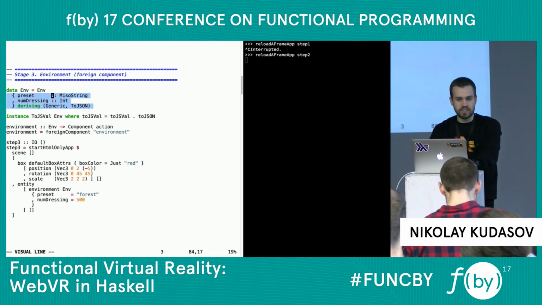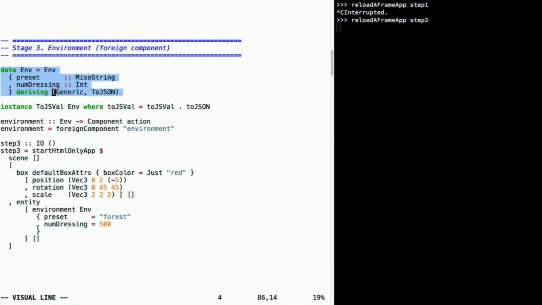Okay, so we define this in Haskell ourselves. We define a data type which encodes these initialization arguments. We make it an instance of ToJSVal to transform it to something that we can generate for AFrame. And we simply define foreign component with its name and the type Env.